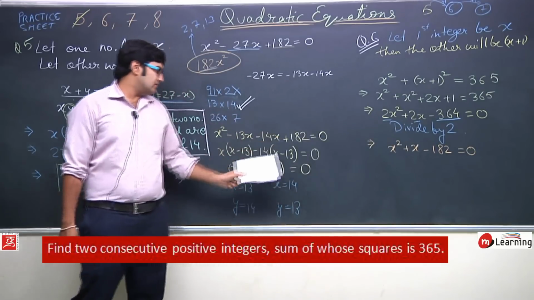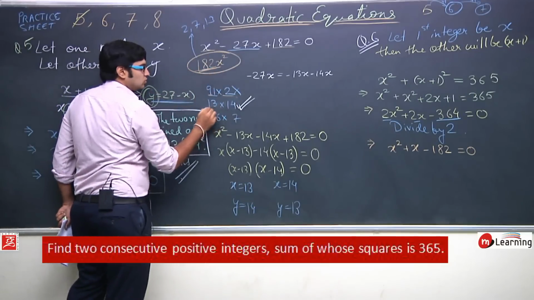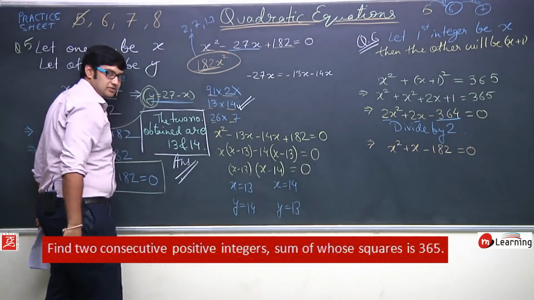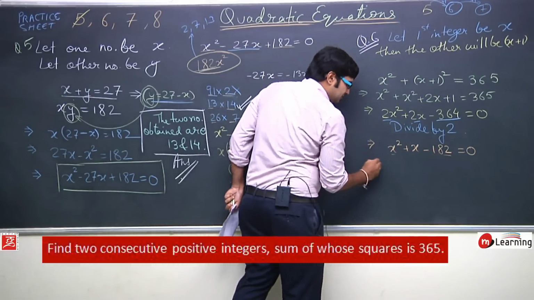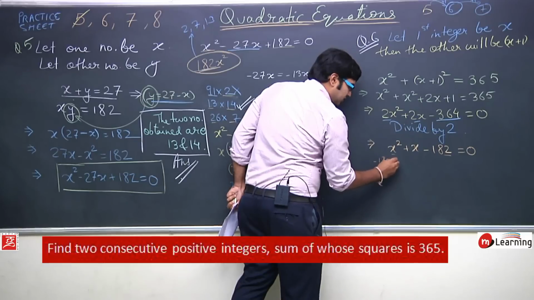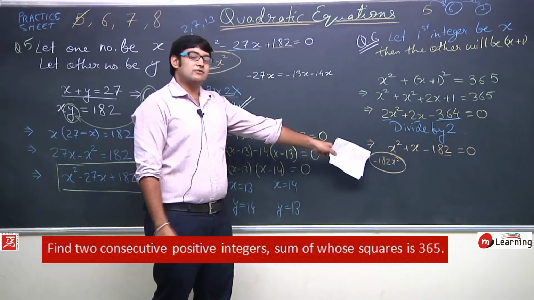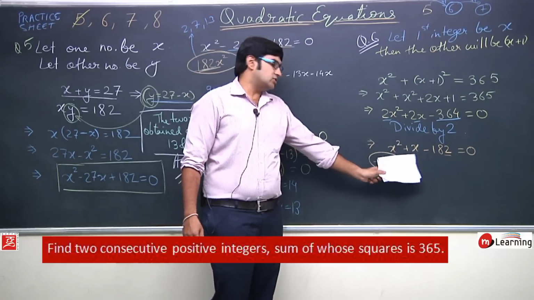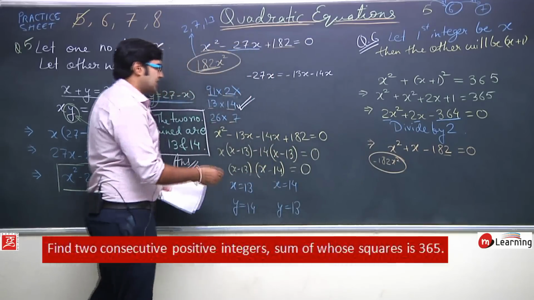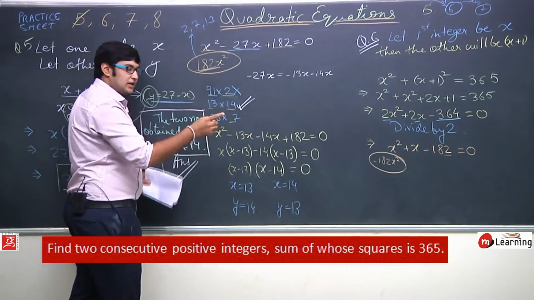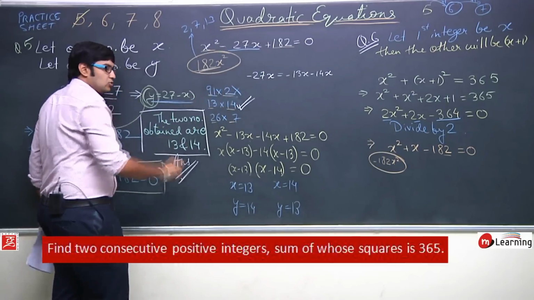And just now we have solved 182. This 182 is what? It is 91 into 2, 13 into 14 and 26 into 7. I can see that the product of the first term and the last term is minus 182 x square. Now since this product is negative, it means when I split these two terms, the two terms should subtract. So I can see this 182 when broken into two parts, it will give you 91 into 2.